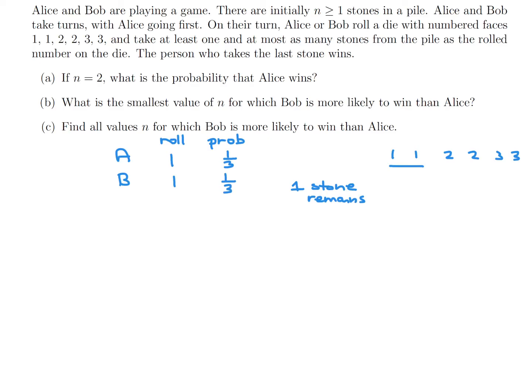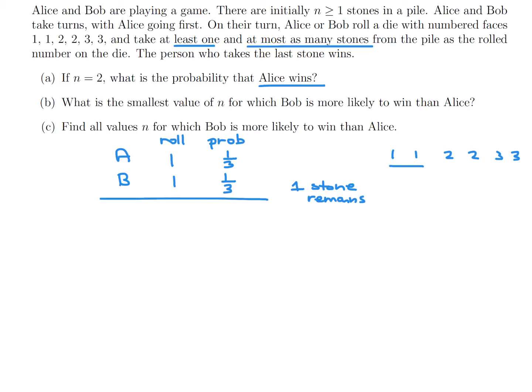But he will also win if he rolls a 2 or a 3, because the question is kind of interesting in that you can take at least 1 and at most as many stones from the pile. You don't have to take exactly the number of stones that are on the die. And you see what I'm saying? Like if you roll a 2, you don't necessarily have to take 2 stones because there's only 1 stone left, so you can only take 1 stone. So in this scenario, Bob wins when Alice rolls a 1. So we want a scenario where Alice wins. Okay?